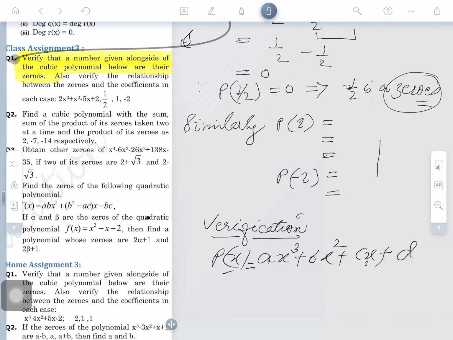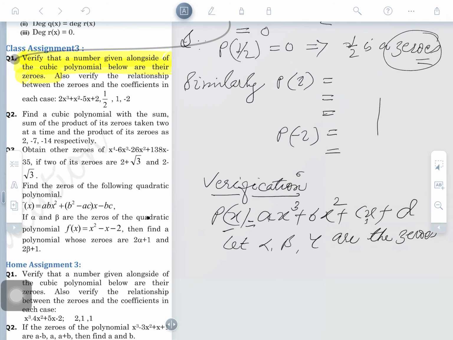So, we are to find out how many zeros this can possibly have. It will have 3 zeros here. So, we will suppose here let alpha, beta, gamma be the zeros. We are giving the symbols alpha, beta, gamma for easy understanding and easy recalling.